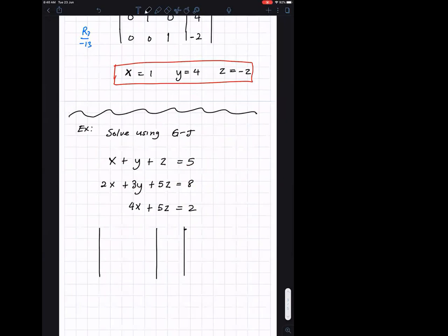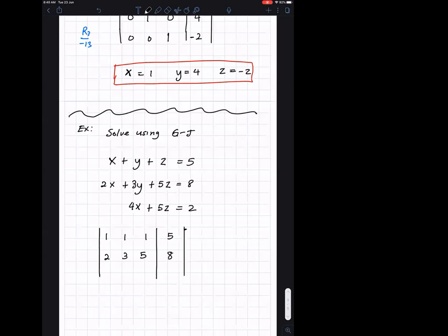So now we write the coefficients of the first row, 1, 1, 1, equals 5. Coefficients of the second row, 2, 3, 5, equals 8.